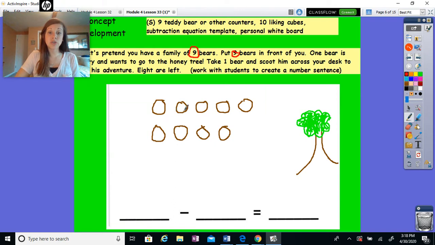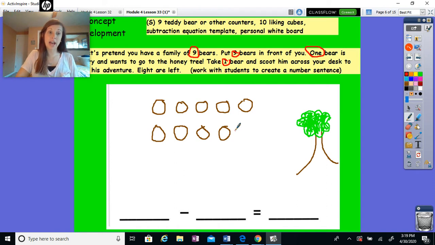So 1, 2, 3, 4, 5, 6, 7, 8, 9. I have 9 bears. One bear is hungry and wants to go to the honey tree. Here's my honey tree. Take one bear and scoot him across your desk to go to the honey tree. I don't have actual bears, so I'm just going to cross it out in my picture.